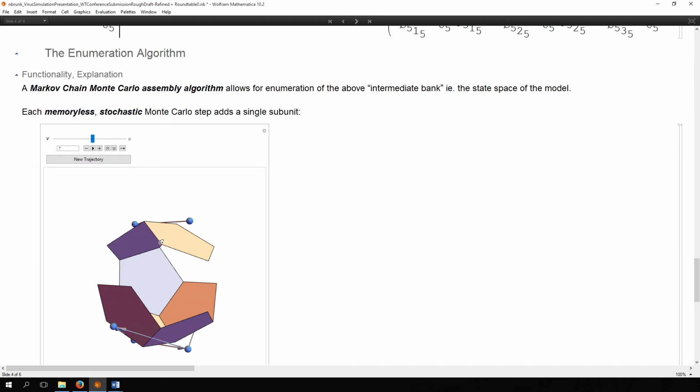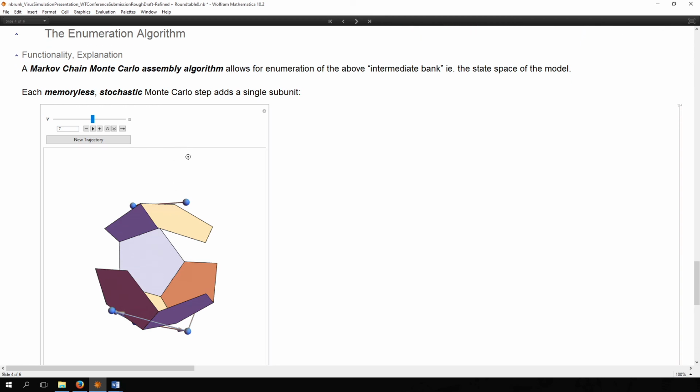And if it's not isomorphic and not rotationally equivalent, using some group theory algorithms in Mathematica, then you can put it in the bank as a new state variable. If it is isomorphic, then you can throw it out and tally the count of that intermediate if you want to keep track of that. So this gives you a means to generate the previous figure that we were looking at for the 73 intermediates of a size 12 structure.